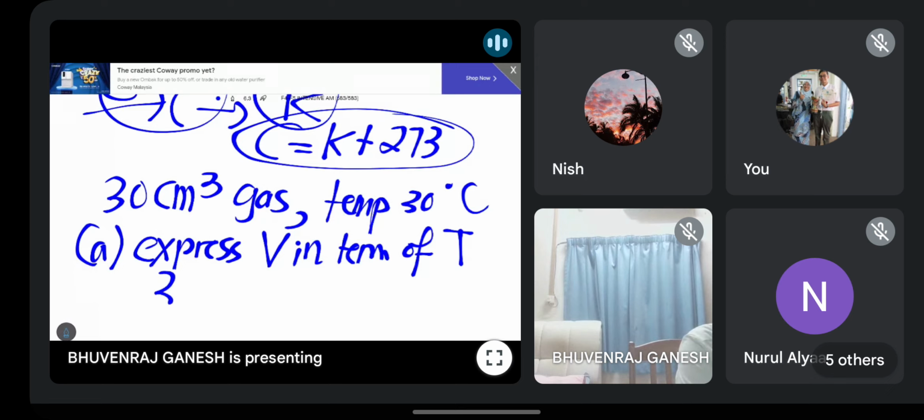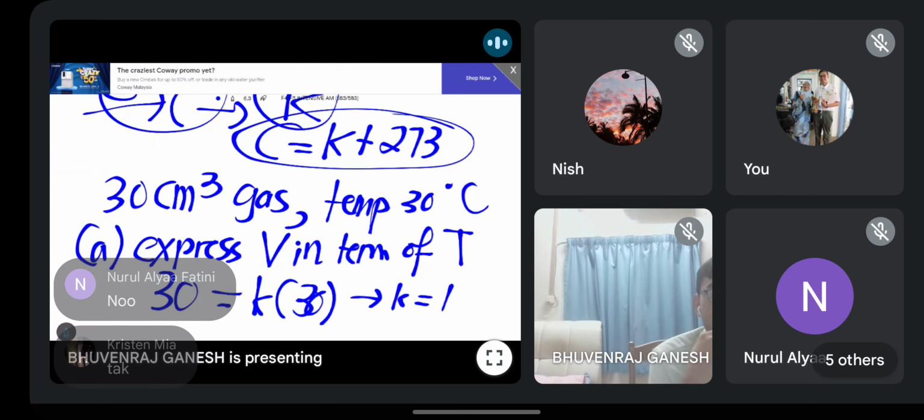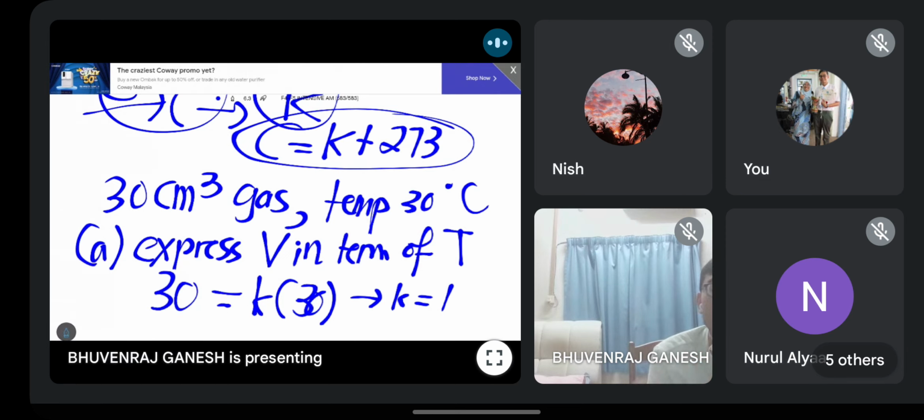Can I just directly say 30 equals k times 30? Then k equals 1. Is this correct, guys? What is wrong here? What is the mistake? This is a common mistake.